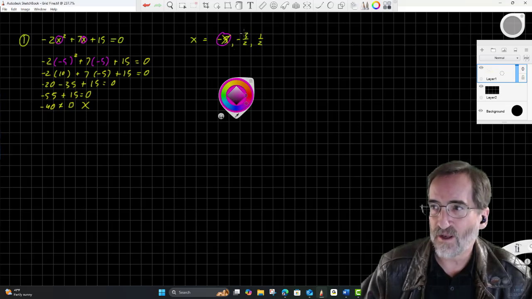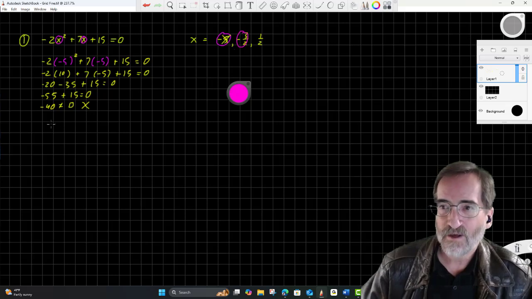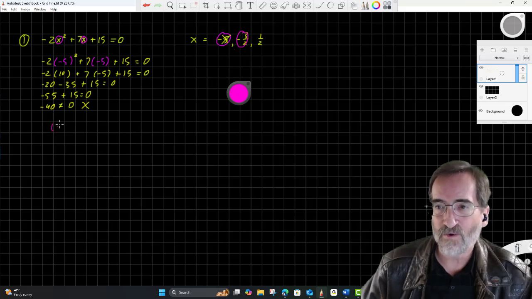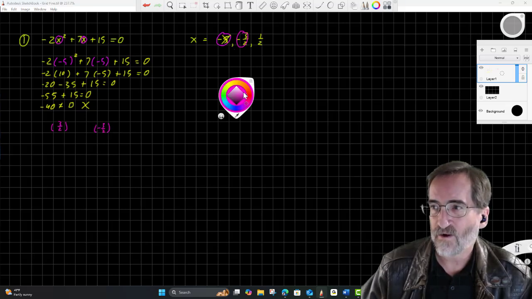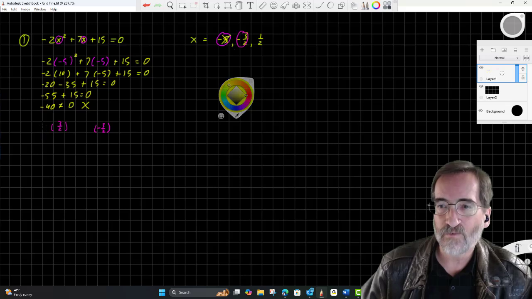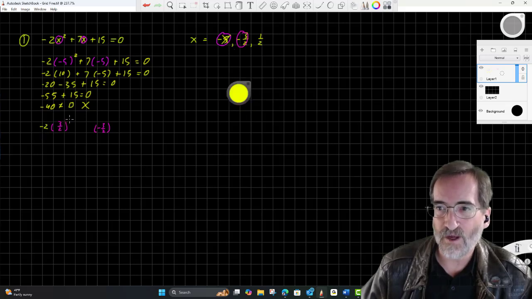Let's go try negative 3/2. So negative 3/2 and negative 3/2. There we go. Negative 2 times negative 3/2 squared plus 7x, or negative 3/2, plus 15.